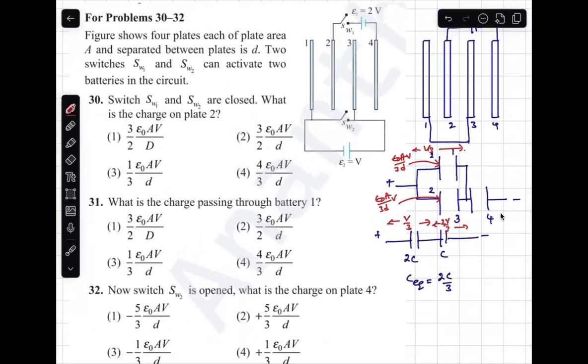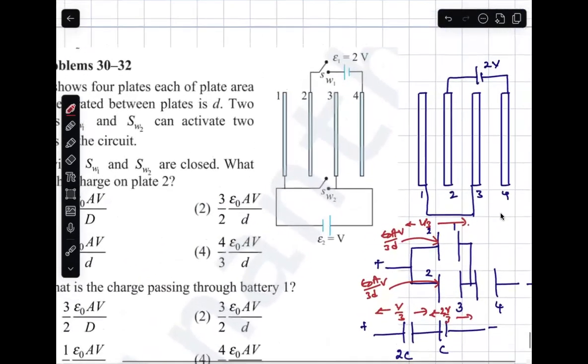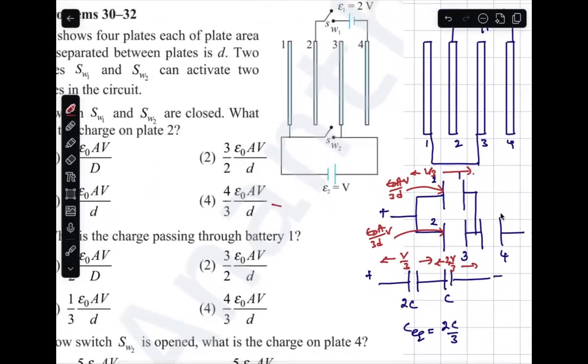By the way, V is also given. So what they have given is 2 epsilon naught A by 3D times 2V. Correct? Any doubts, boys and girls?